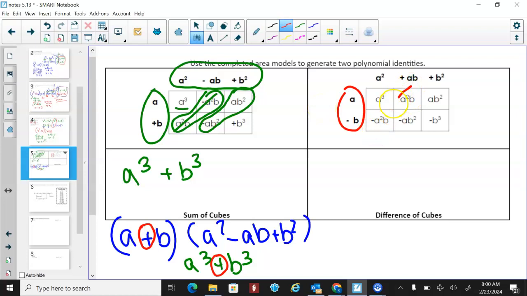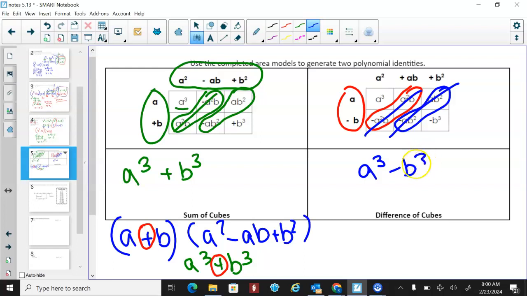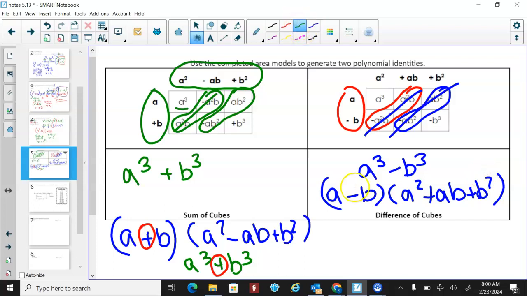Now, what happens when you're multiplying a minus b times a squared plus ab plus b squared? Again, these are going to zero out. So what's left is a cubed minus b cubed. Again, when you're multiplying a minus b times a squared plus ab plus b squared, very important to remember that whenever you're multiplying the negative binomial, you are going to end up with a cubed minus b cubed.